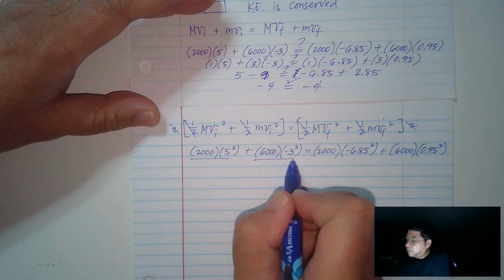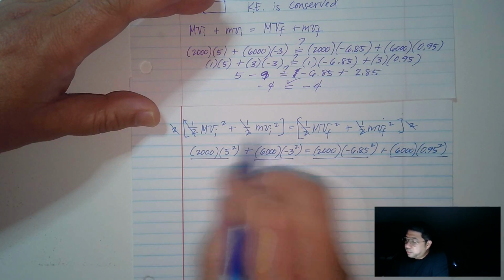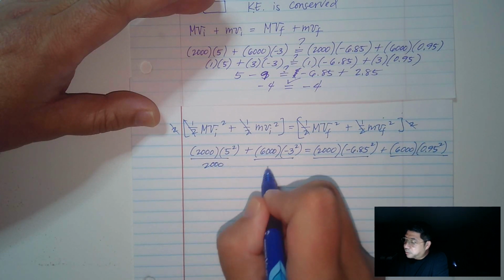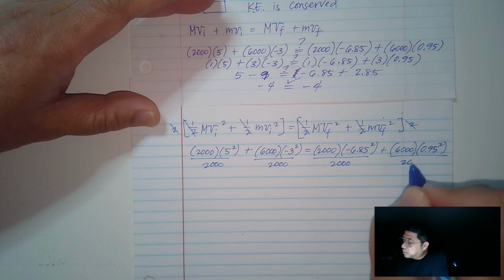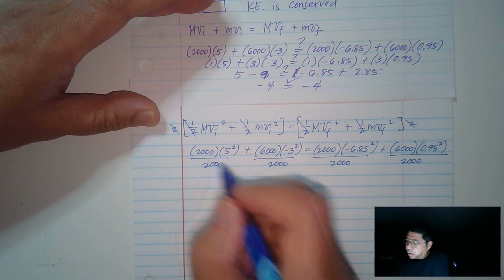Again, let us divide both sides by 2000 to reduce the process of multiplying numbers with a lot of zeros.